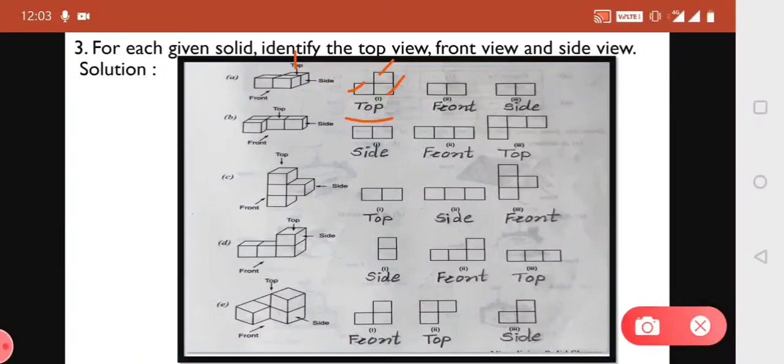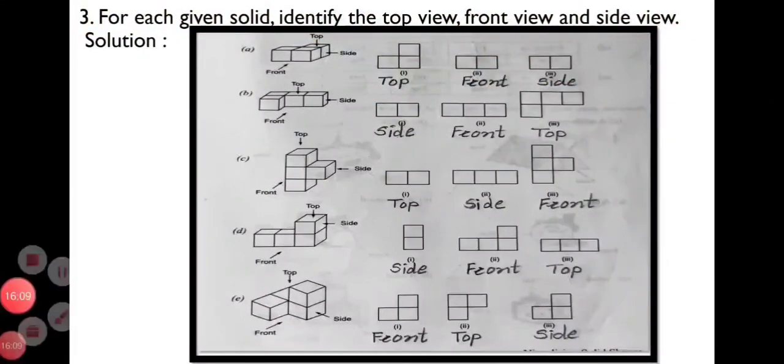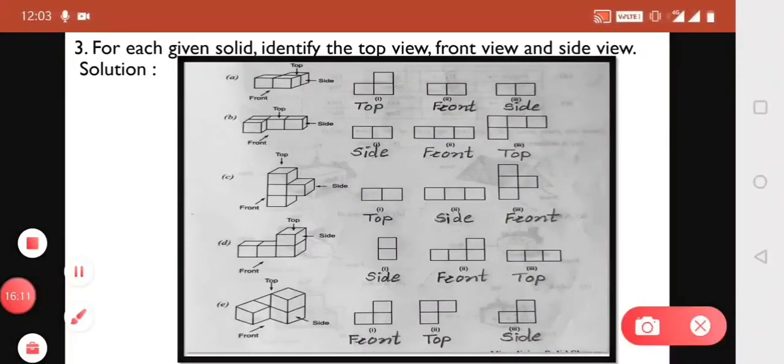Then we have 2 square faces, which is either front or side view. So you can write front view first, and then on the other 2 square faces you can write side view. Both are the same, so whether you write front first or side first, it will also do.